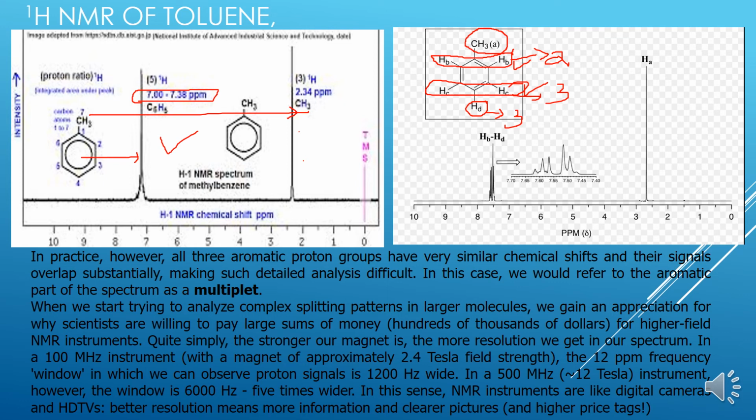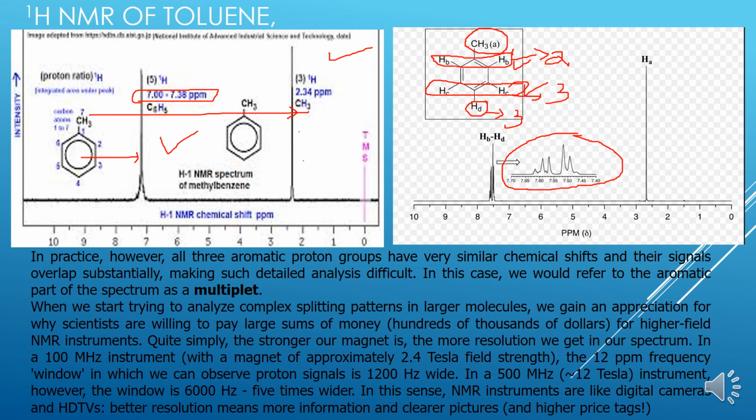In high resolution instruments like a 600 megahertz instrument, one could distinguish a doublet of Hb, a triplet of Hc and a triplet of Hd. Otherwise, if your instrument is 100 megahertz, we only get two peaks as in figure 1.